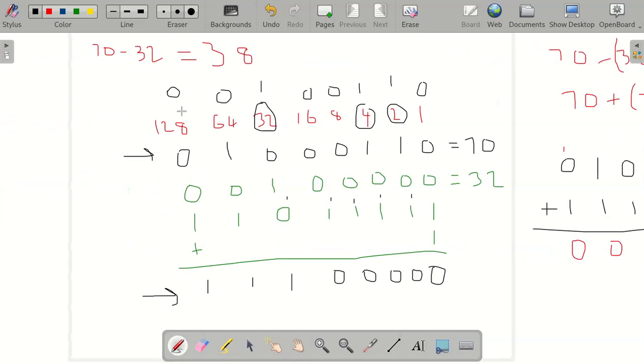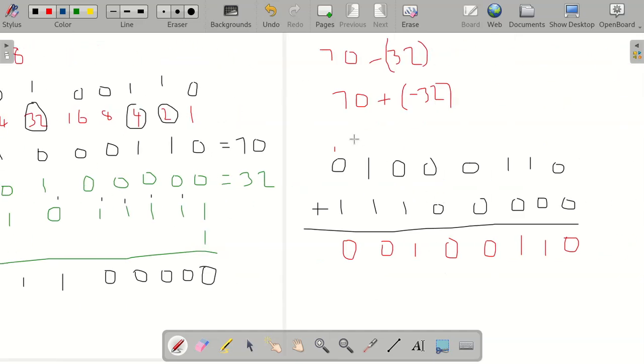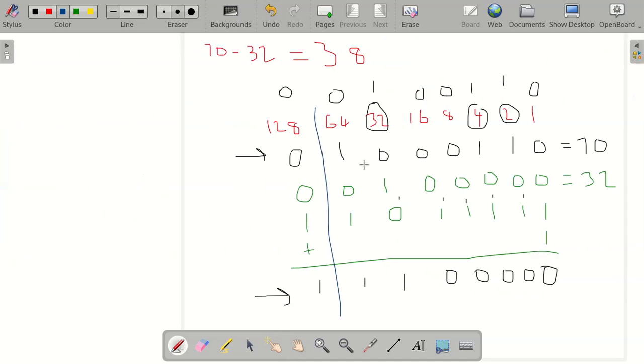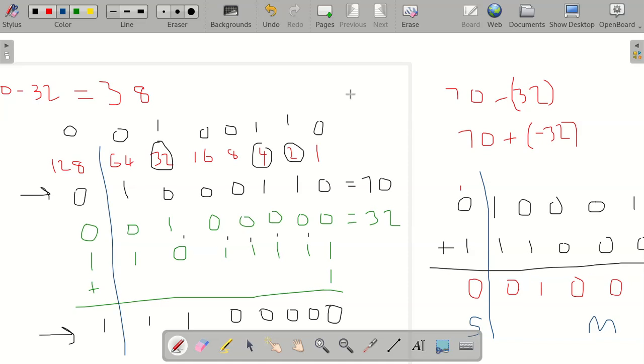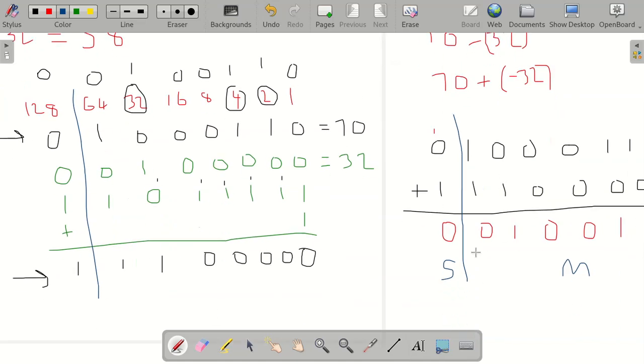To determine whether an overflow has occurred, we ask which is the bigger number between 70 and 32, which is 70. For 70 we started here, so we put a demarcation before the 1. The same applies to this, we put a demarcation. So this is the sign and this is the magnitude. A 0 represents a positive sign. We are expecting a positive, meaning an overflow hasn't occurred.